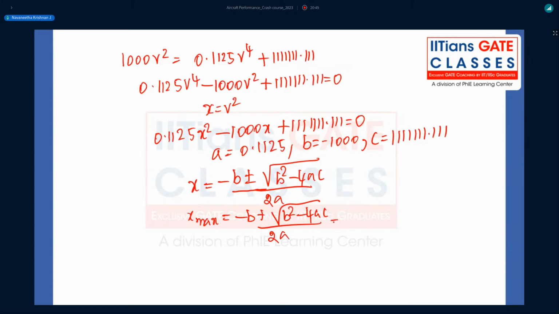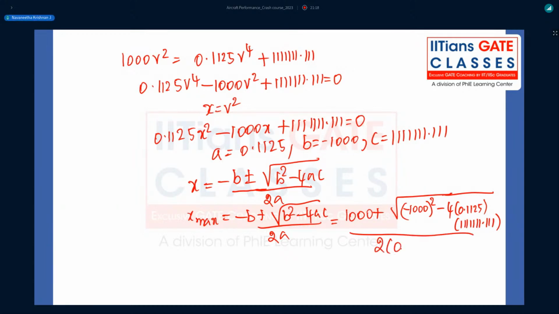So substituting that, b is minus 1000, so minus into minus will become plus 1000, into root of minus 1000 the whole square minus 4 into a, which is 0.1125, into c, by 2a. A is 0.1125. So x max value we get as 7587.14125.